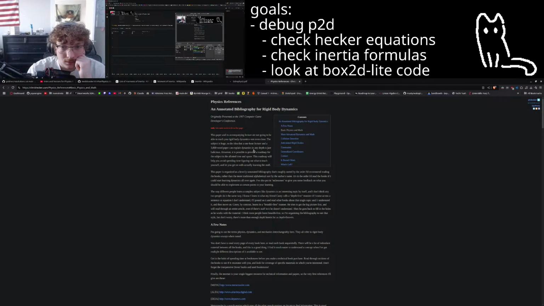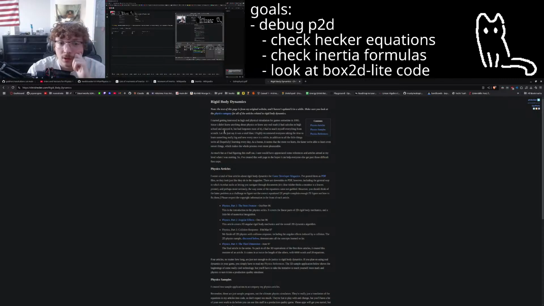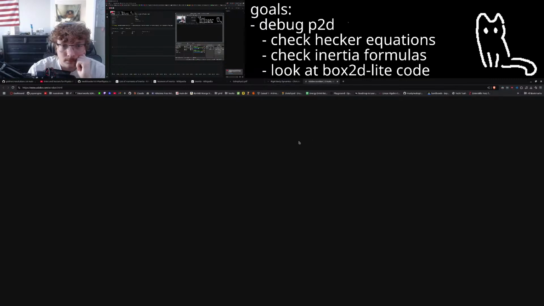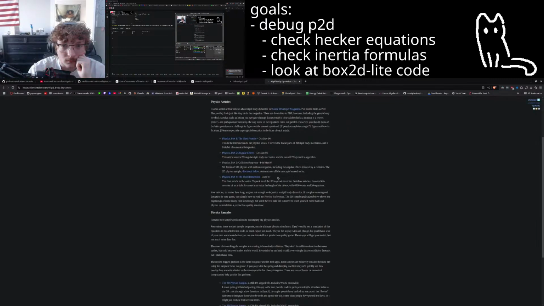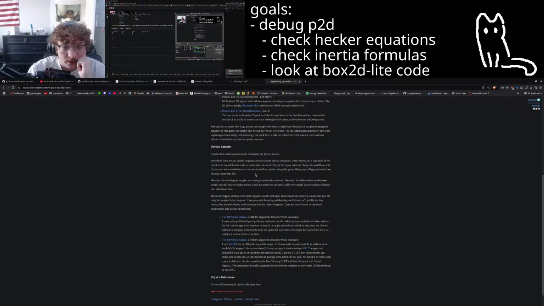Let's... I actually don't think this is what I'm looking for. Not the collision response one. Here it is. On rigid body dynamics. He linked Adobe Acrobat. He has sample applications for the articles.